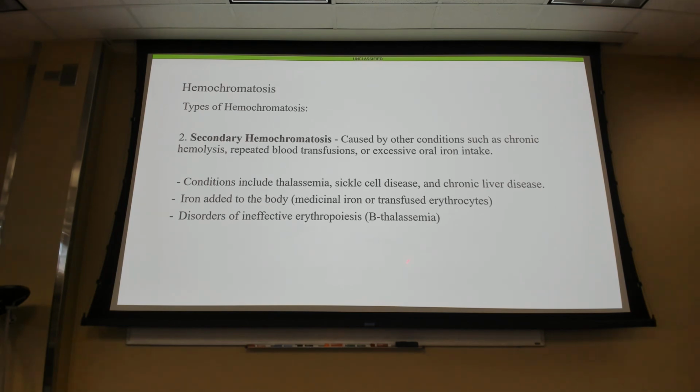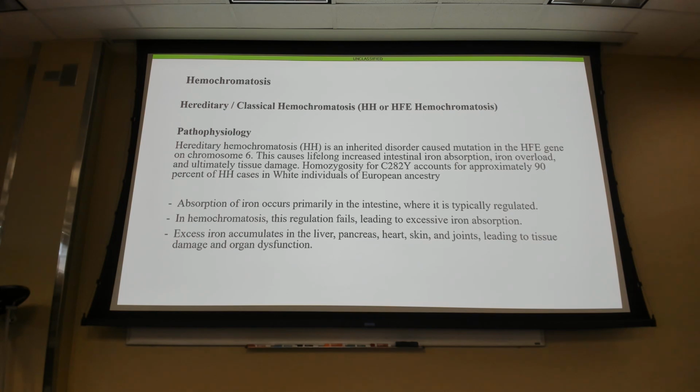Secondary causes: even when we talk about beta thal, you can have a secondary type of hemochromatosis. It's an inherited disorder with absorption of iron in the intestine, which you guys know already, not working.